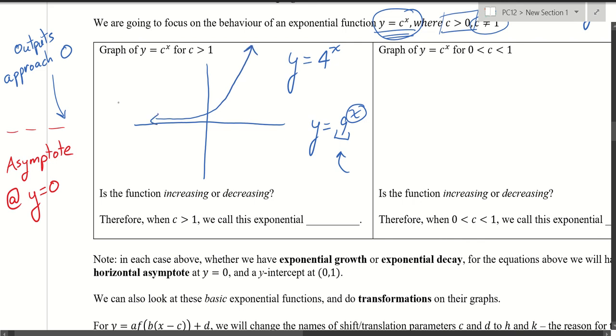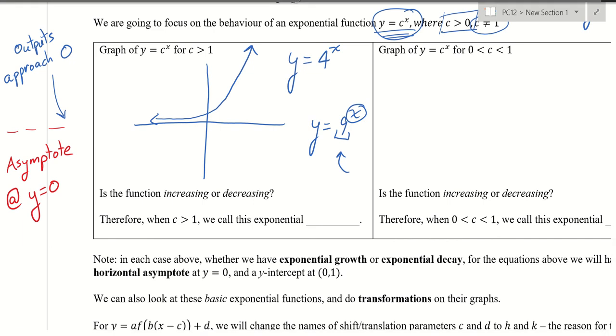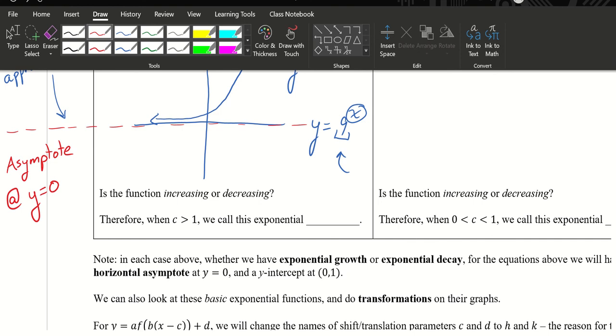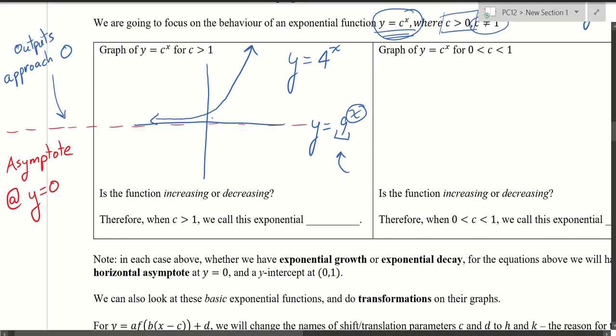We will have this sort of asymptotic behavior at y equals 0, right? If we keep going to the left in our inputs, we will keep approaching 0 in our outputs. But if we keep going to the right with our inputs, then we will keep approaching larger and larger outputs, actually. So larger inputs mean incredibly large outputs, and more negative inputs mean that we will be approaching 0.